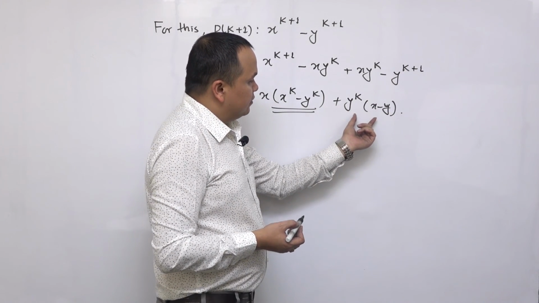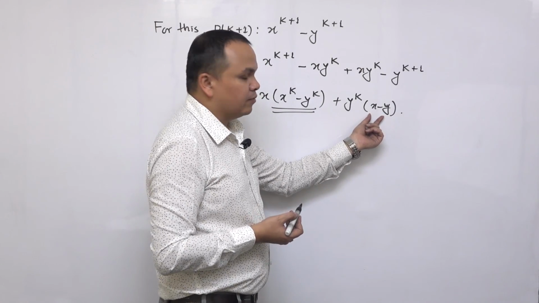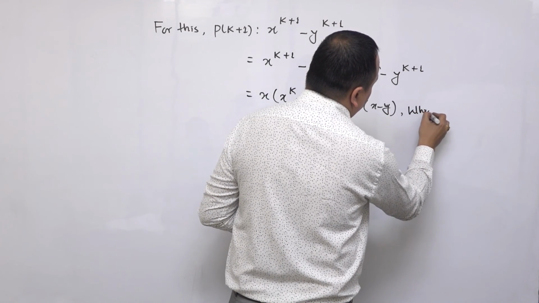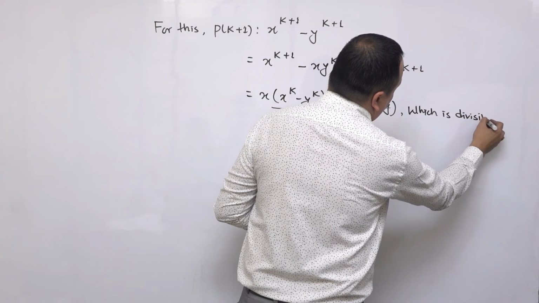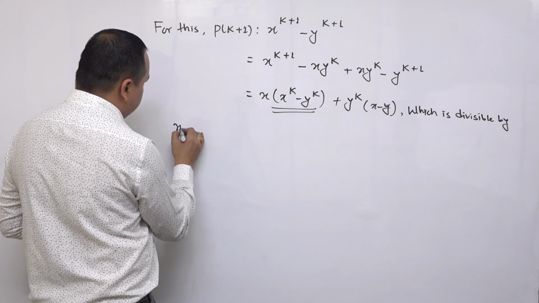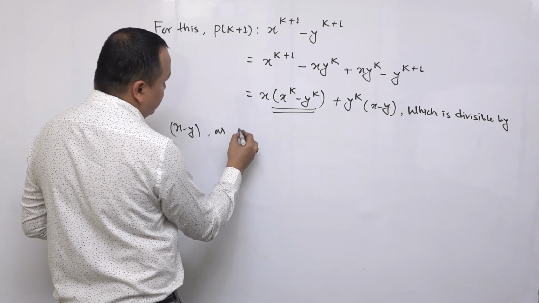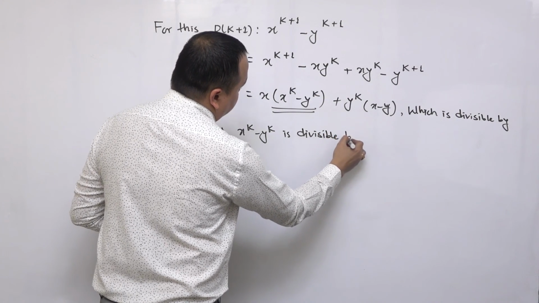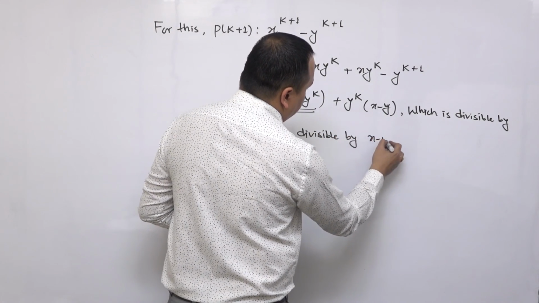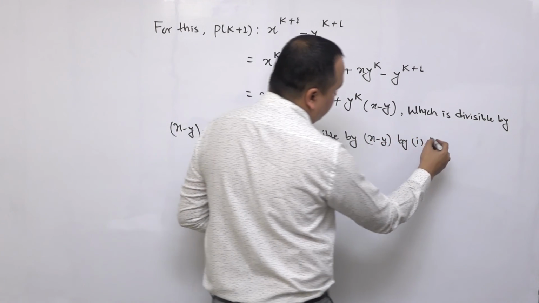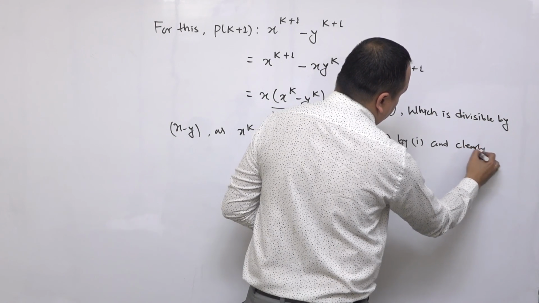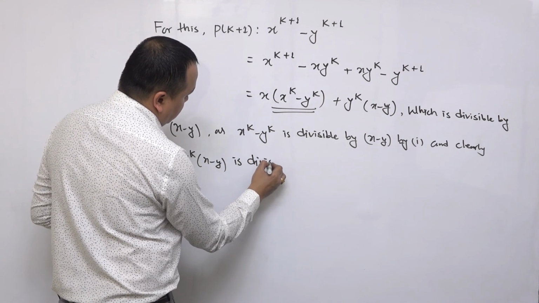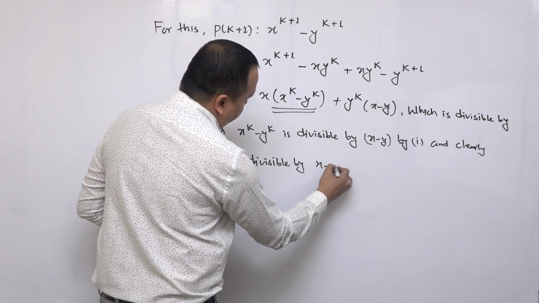And clearly the second term x minus y is divisible by x minus y, which is divisible by x minus y, as x to the power k minus y to the power k is divisible by x minus y by I, and clearly y to the power k times x minus y is divisible by x minus y.